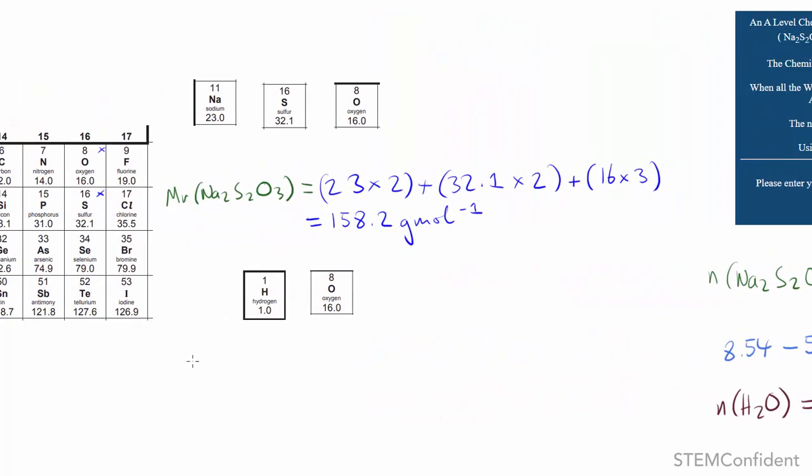The Mr of H2O, you may already be aware of, is 1 times 2, and the occurrence for oxygen is just 1, so plus 16, which gives you 18, in units of grams per mole.